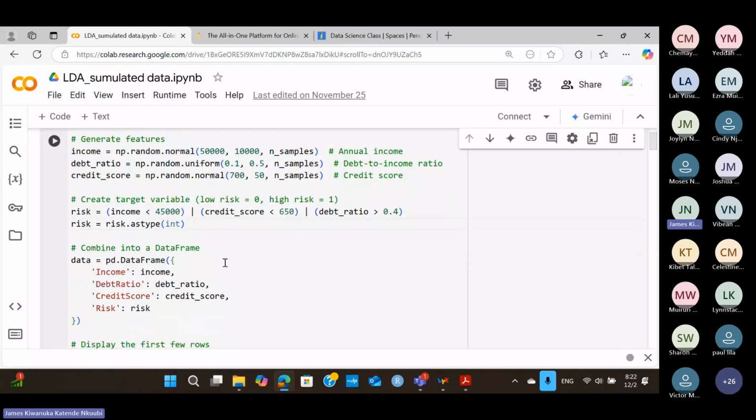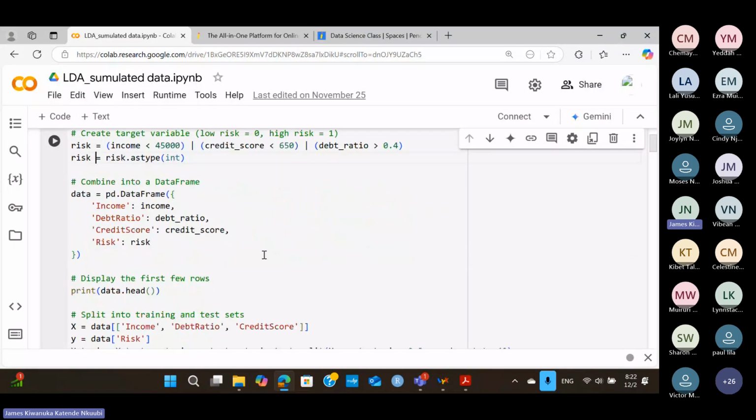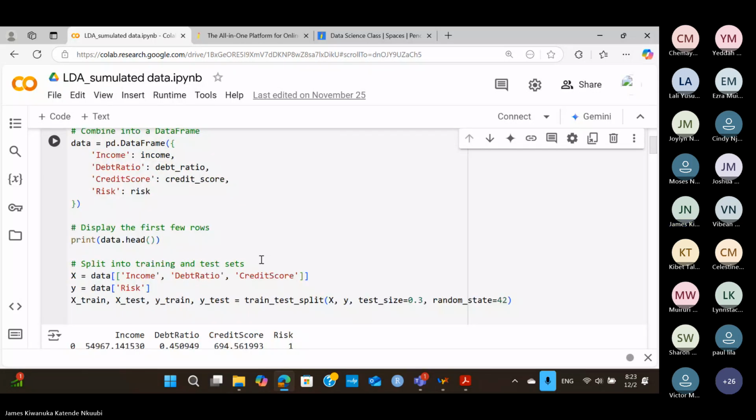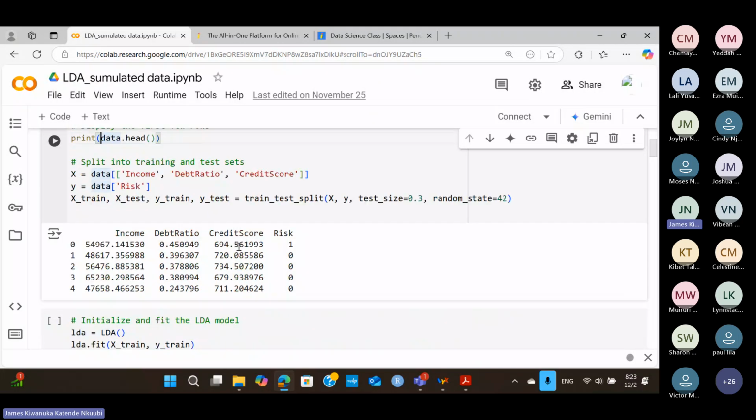That's what the second line does. Then we put all that into this data frame using the pandas module. Here you can preview the data. This next one picks the features separately and the target separately. Then we split them into the training and testing sets.